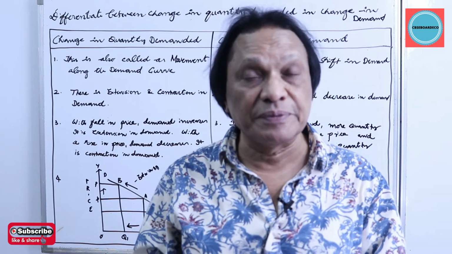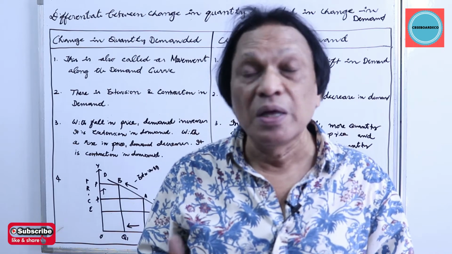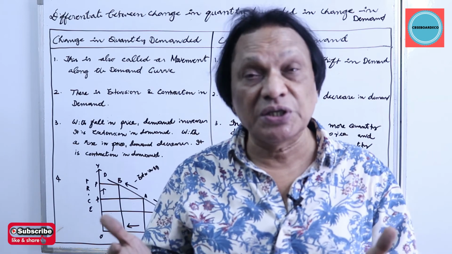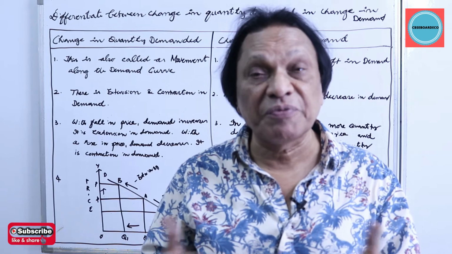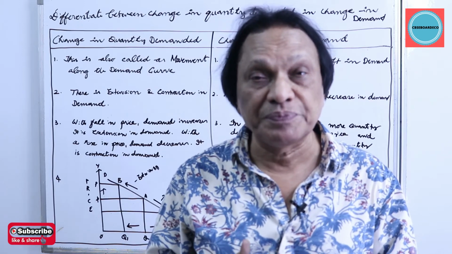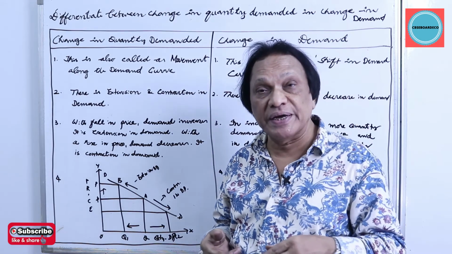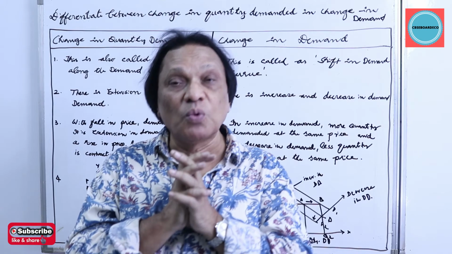But the four important things we discussed right from the beginning are the price of the commodity, prices of related goods, changes in income of the consumer, and changes in taste, preferences, and habits of the consumer. I told you all these determinants once again so that this topic becomes easier for you.